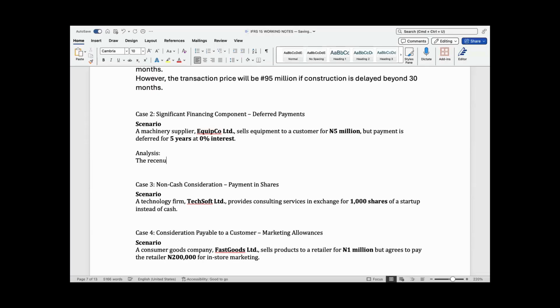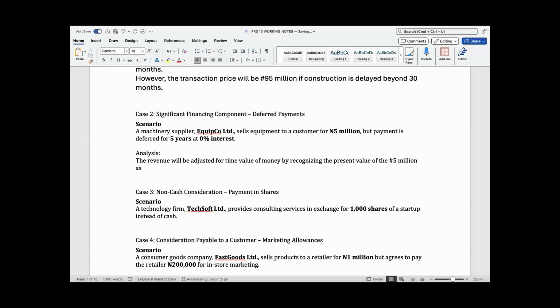So the revenue will be adjusted for time value of money by recognizing the present value of the 5 million as revenue.